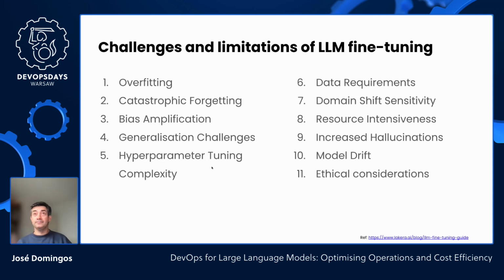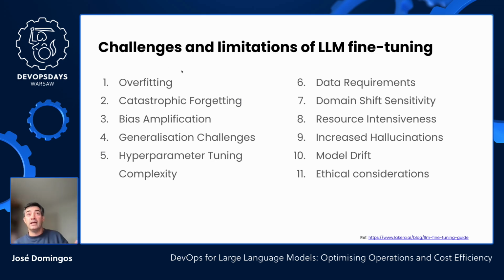But if you fine tune, you have to look out for perils. If you pick up a model and you fine tune it with new data, you may end up having a model that's very specific to a particular problem, that's overfitting, so it can only address questions in that problem.